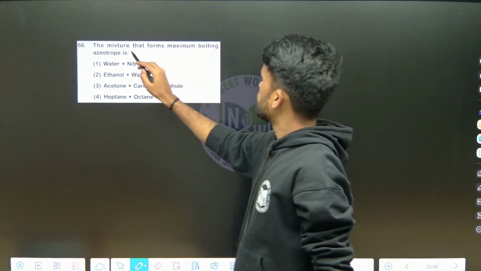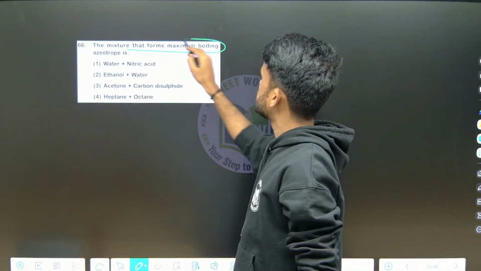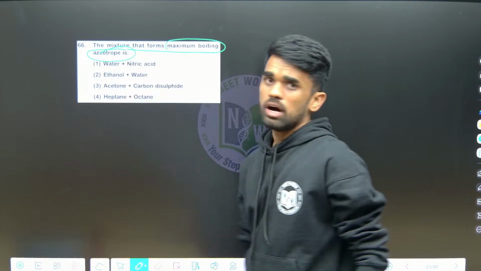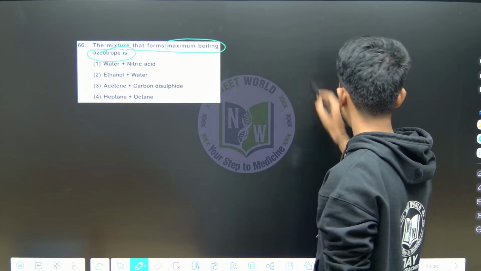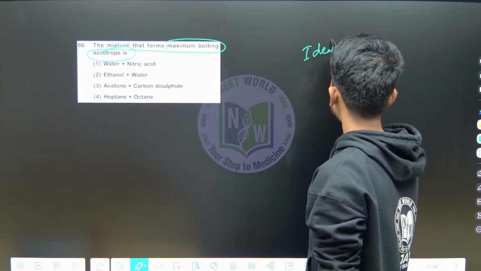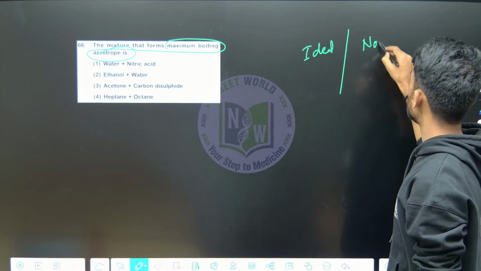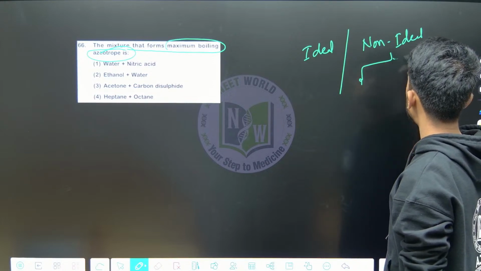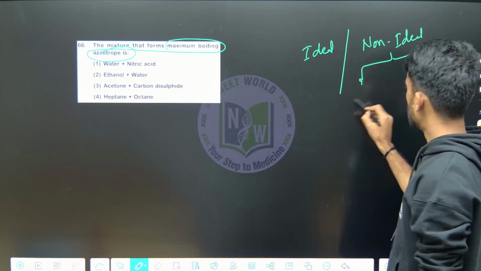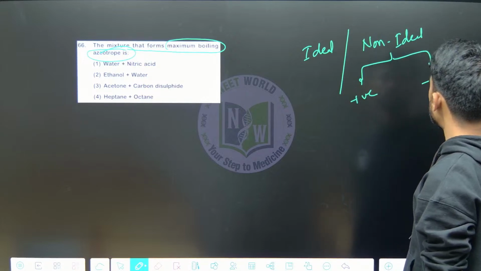Yes. So which mixture forms maximum boiling azeotropes? Always remember, we have ideal solutions and non-ideal solutions. Non-ideal solutions show two types of deviation. One is positive, another one is negative deviation.